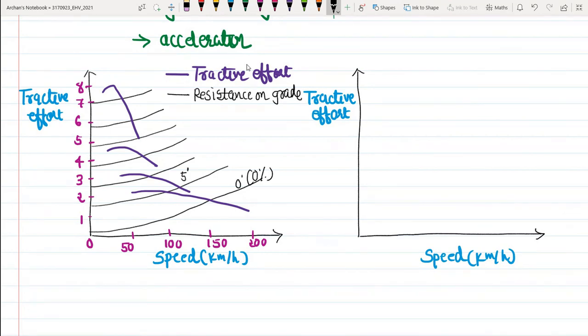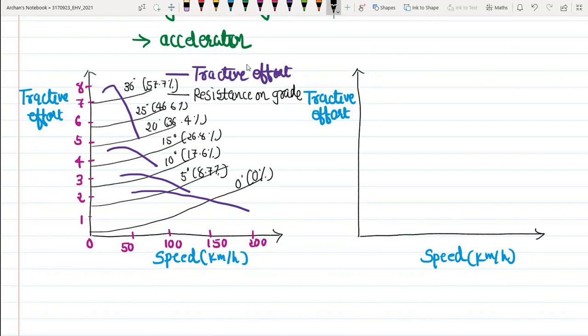Here it will be 5 degree, 8.7%, 10 degree, 17.6%, 15 degree, 26.8%, 20 degree, 36.4%, 25 degree, 46.6%, and 30 degree, 57.7%. So this will be for the case. And here, let us say this is my maximum speed.